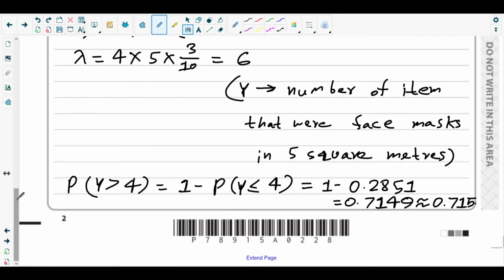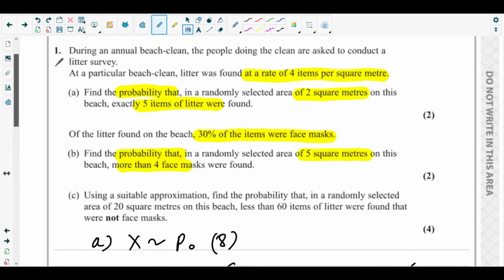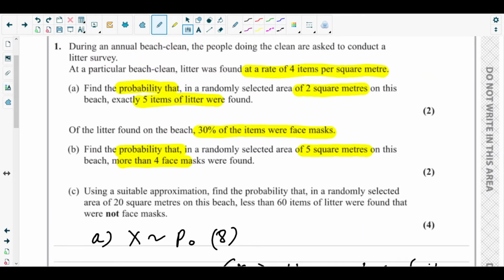That's it, and that's exactly what part B has asked for. Fine. Okay, next is part C.